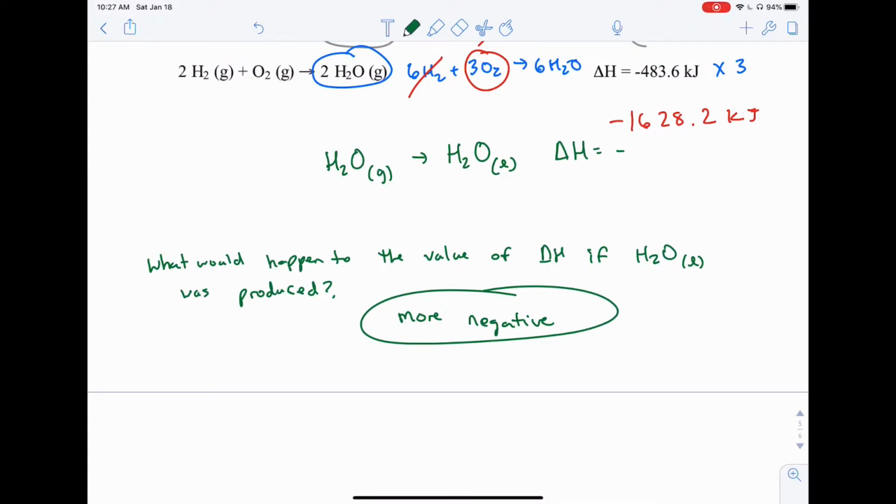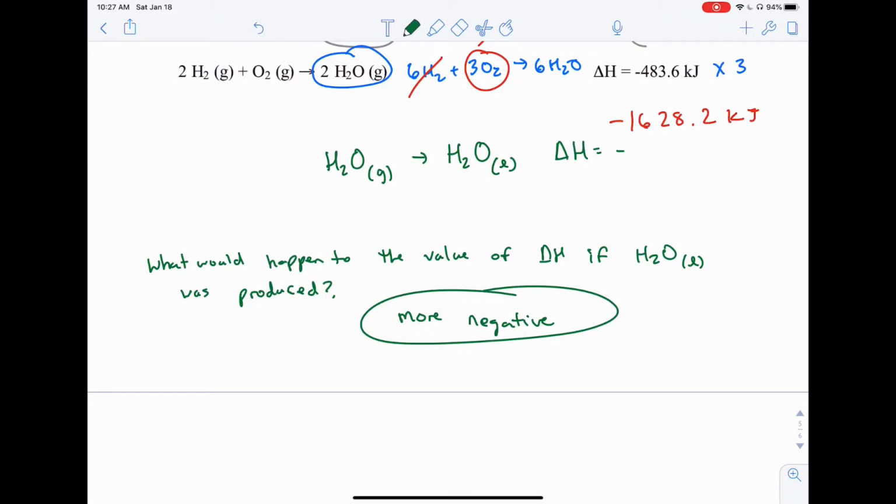It gets more negative because going from a gas to liquid is exothermic, so you're releasing even more heat than you did originally. Gas to liquid is exothermic. So this would cause more release of heat than the other reaction. So then when you add a negative to this negative, you get more negative.